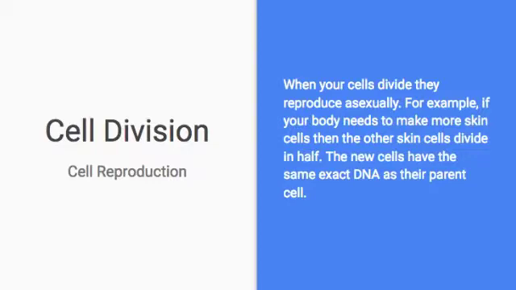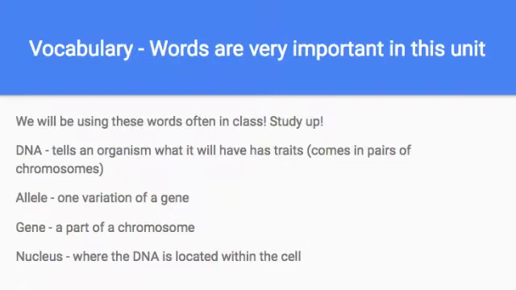This means that the DNA that was in one cell is the exact same DNA that's in the other, because cells just split in half. So that's considered asexual reproduction. That means the offspring are exactly like the parent. And you want that when you're making yourself taller. You don't want your cells to be completely different.